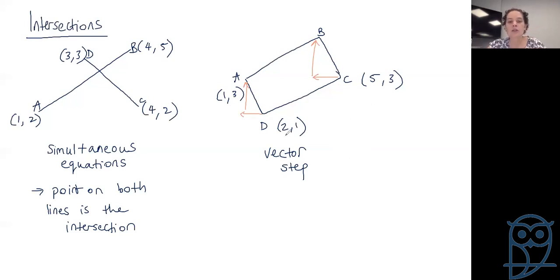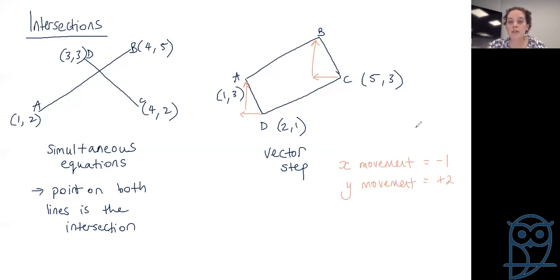For this one, to go from D to A, for X, we're going -1. So X movement equals -1. Y movement, we're going up from 1 to 3, so it's +2.